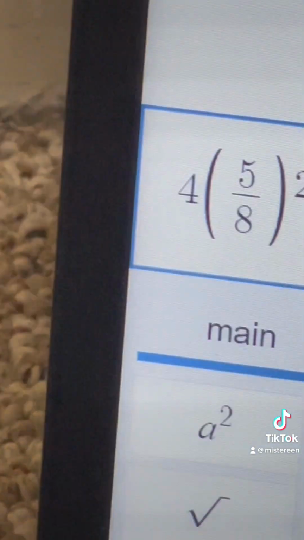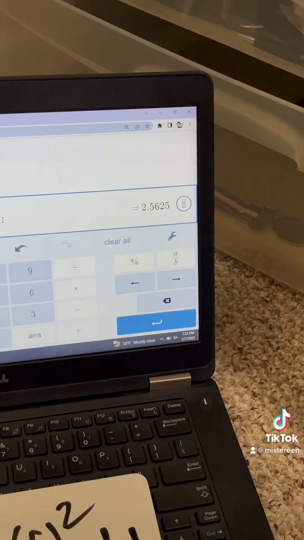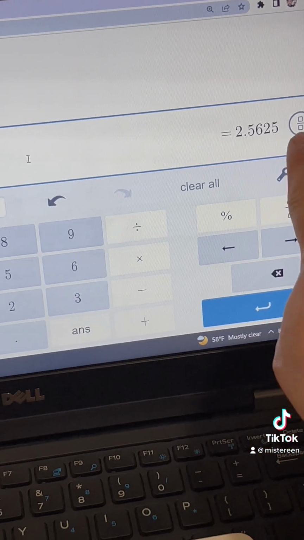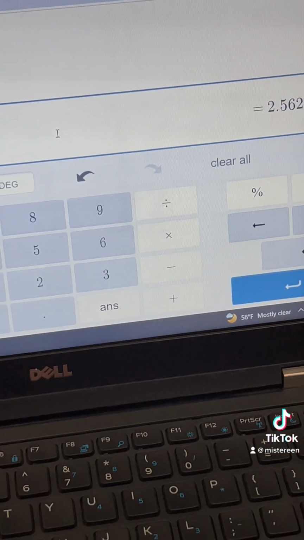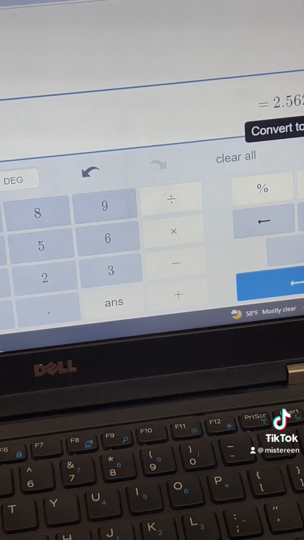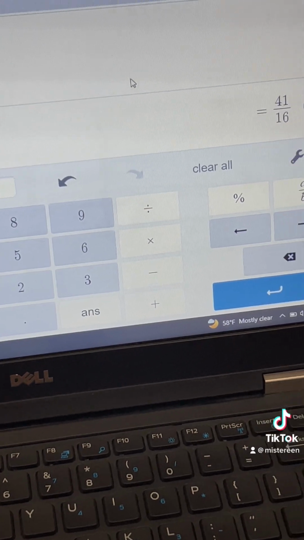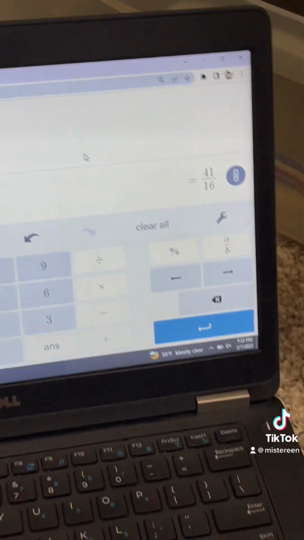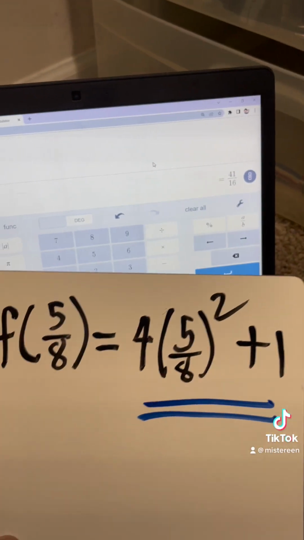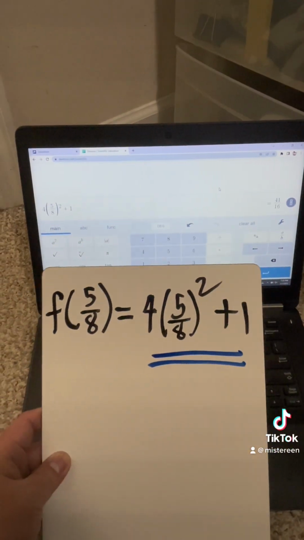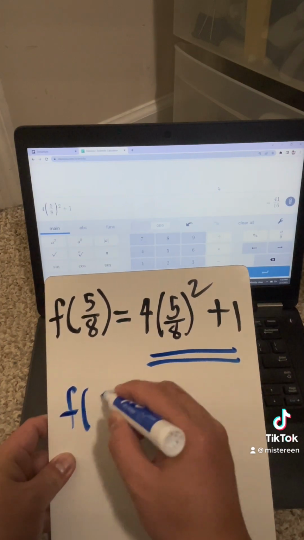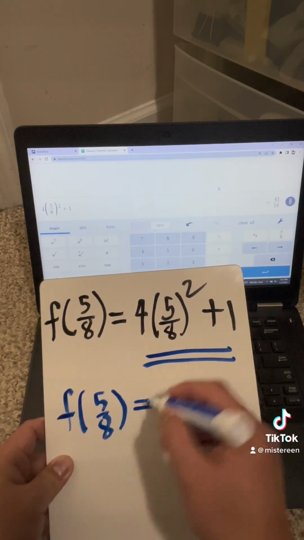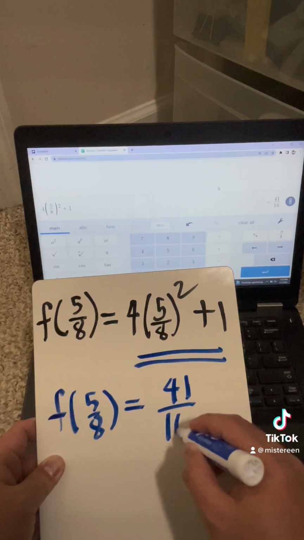If you see a fraction in there, just click this button here and it will give you the simplest form, because that's what is asked. So 41 over 16 is the final answer. So f of 5 over 8 is equal to 41 over 16.